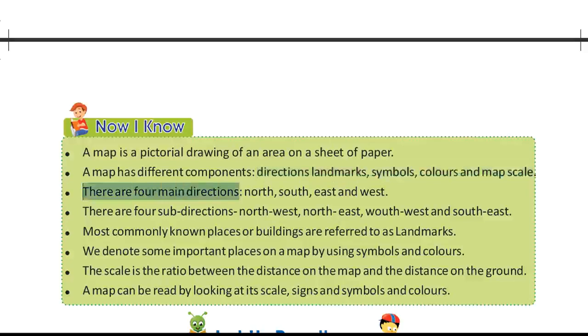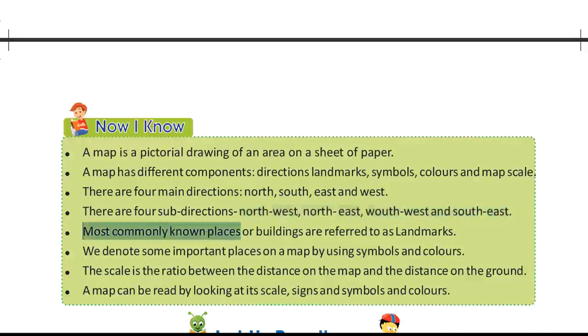There are 4 main directions: north, south, east and west. There are 4 sub-directions: northwest, northeast, southwest and southeast.